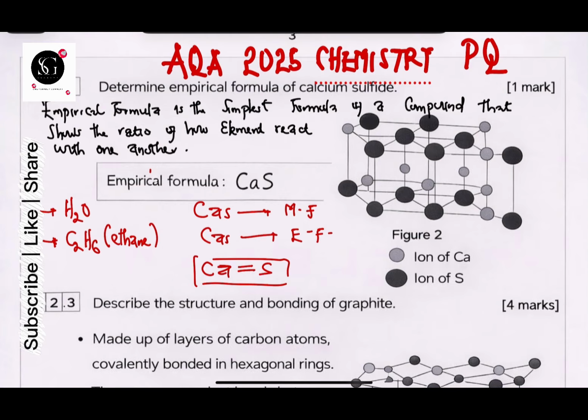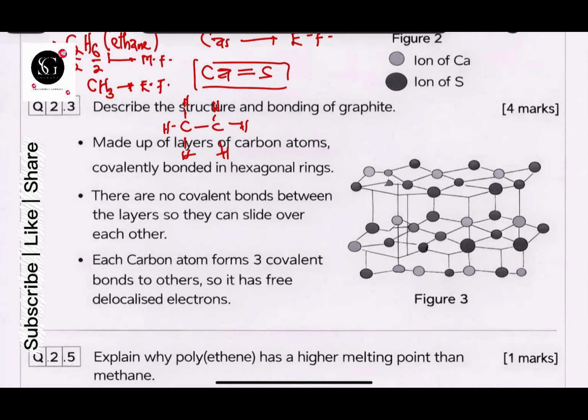For ethane, this is the molecular formula. So the empirical formula will be found by dividing by 2, so it is CH3. This is the empirical formula. While the structural formula is C2 with H, H, H, H, H, and H attached. Hope you got that. Then we'll move to the next one very fast.